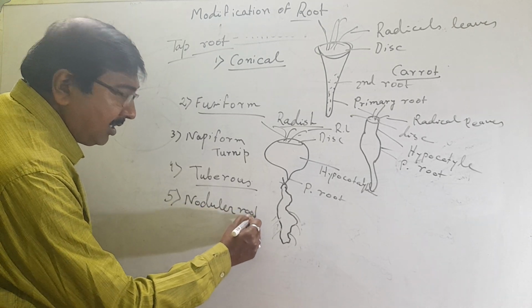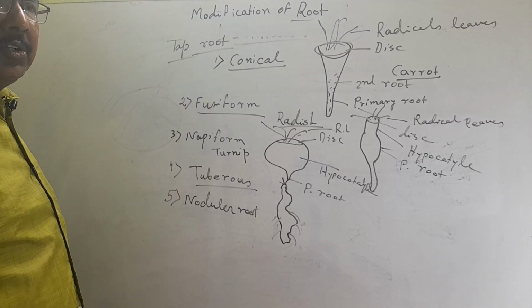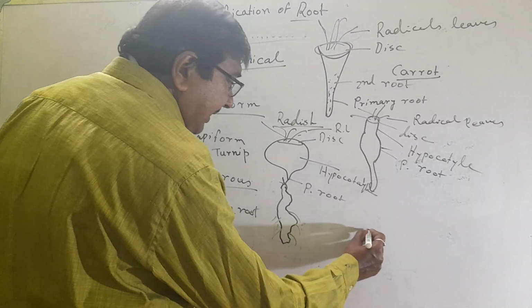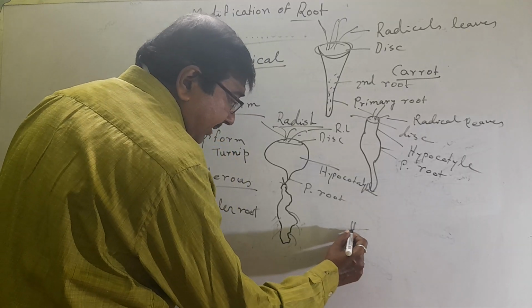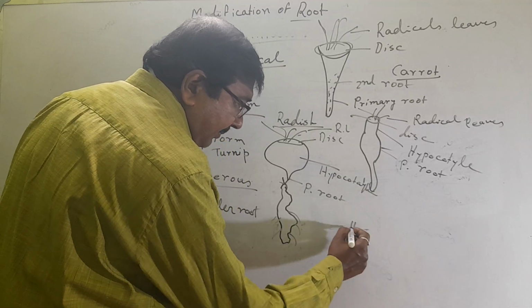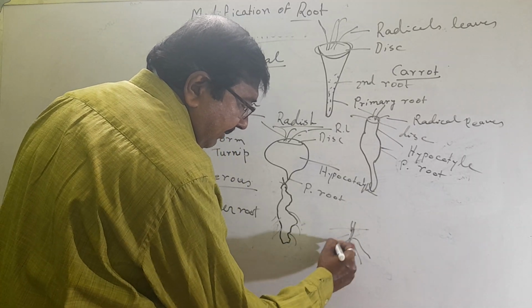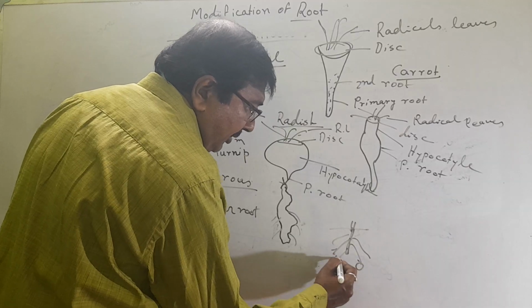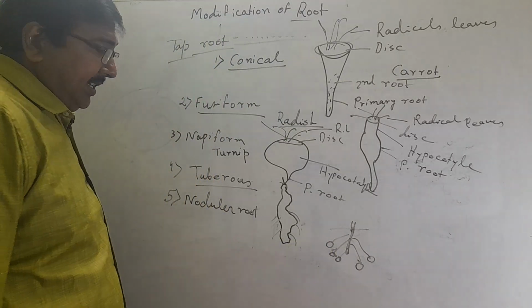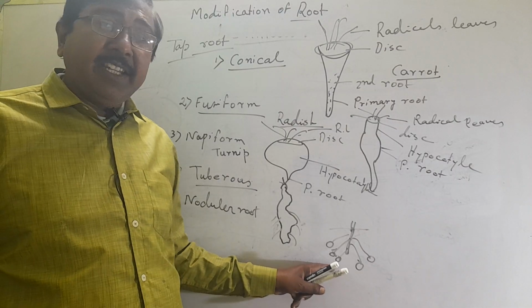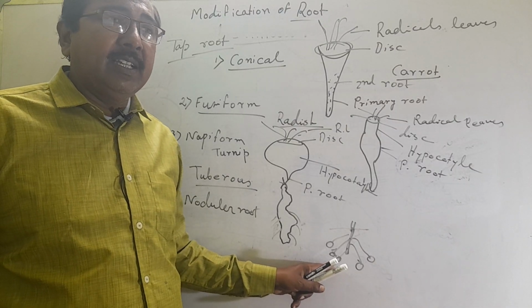Nodular root means, in the secondary and tertiary roots, some nodule-like structures are present. There, nitrifying bacteria are present.